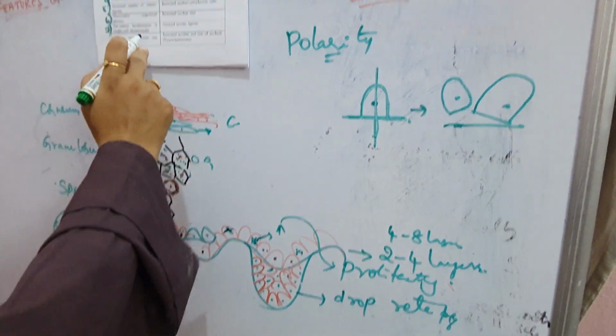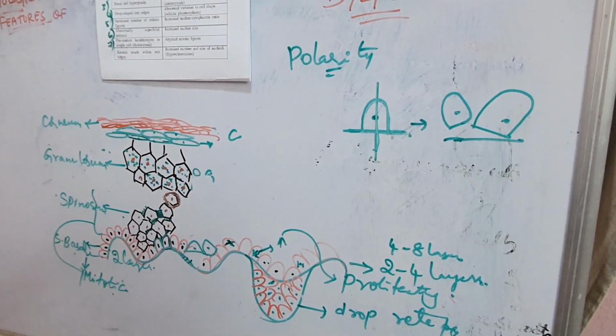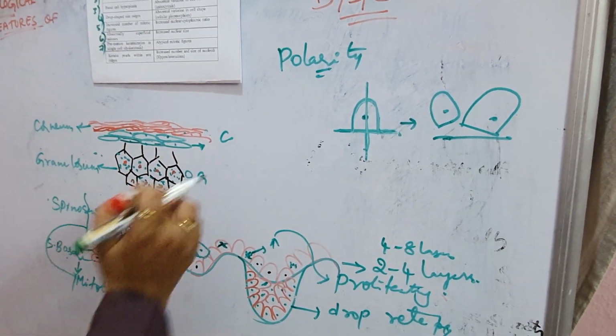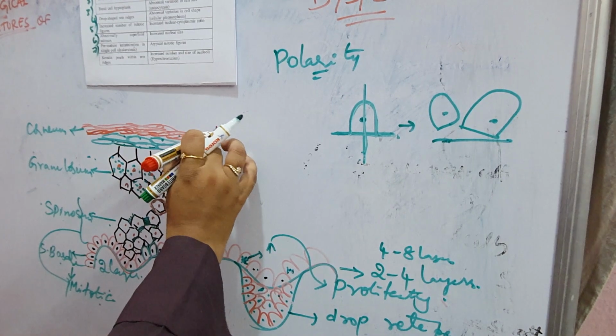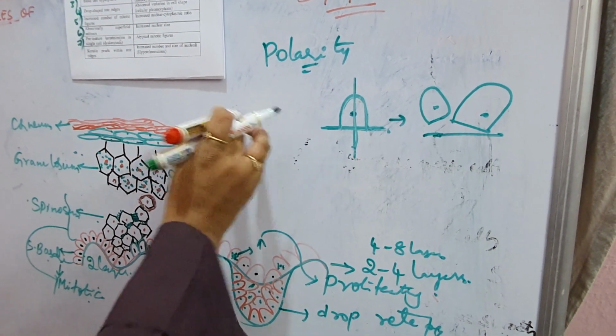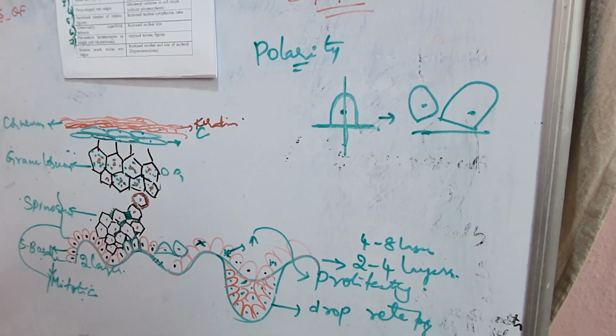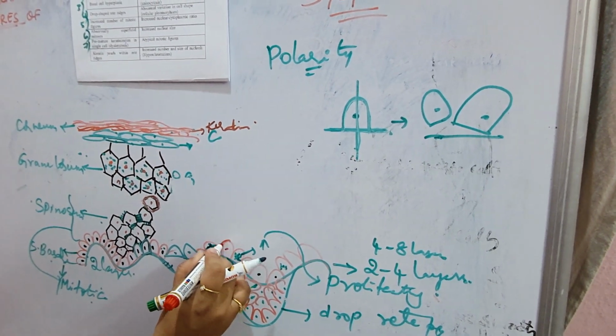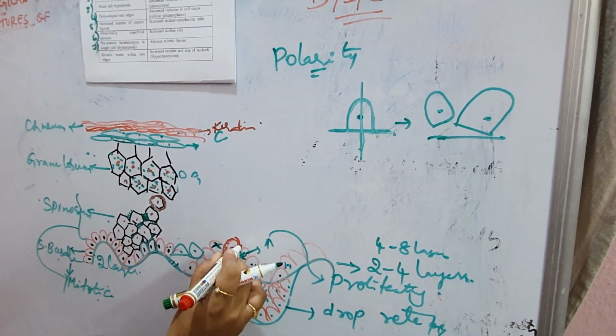Next, keratin pearls within the rete ridges. What are these keratin pearls? Usually keratin is seen in the corneum layer. Here only you will see keratin, parakeratin or orthokeratin. But what happens here is that within the rete ridges you will see keratin formation. What do you mean by this?